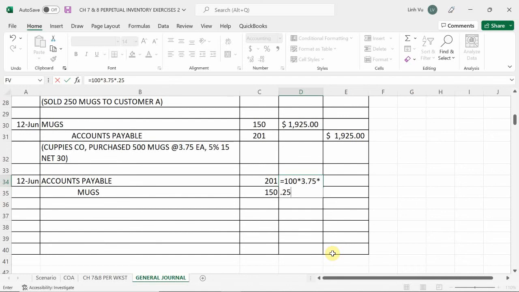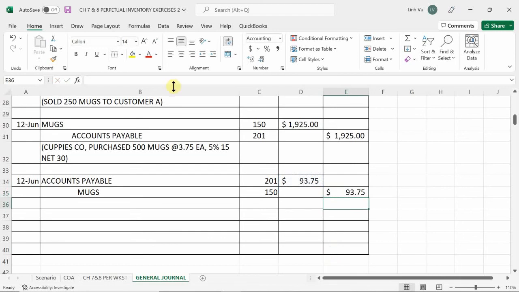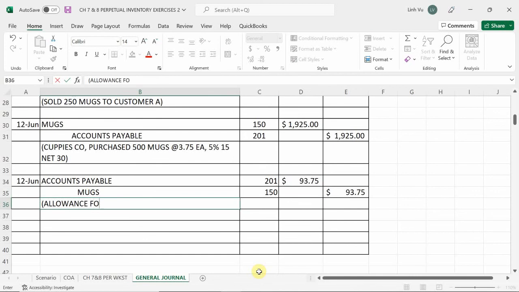So how much am I actually getting back? $93.75. Okay, good. So here, I'm going to write that I got an allowance for 100 mugs at $3.75 each for 25% discount.